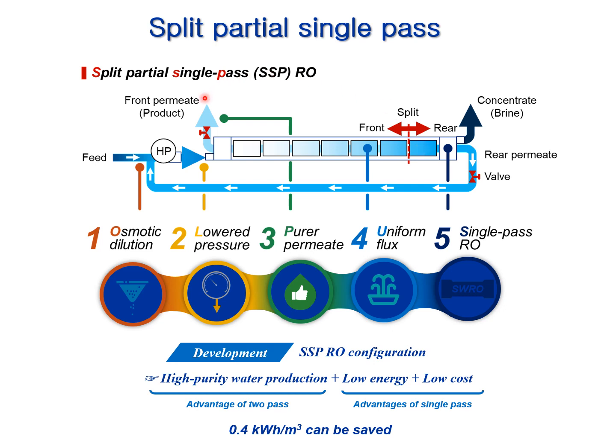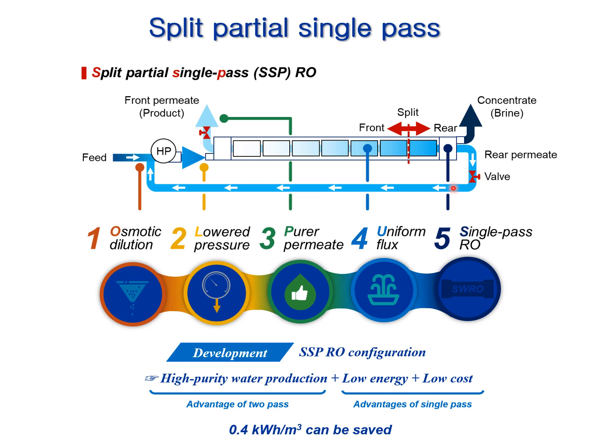So rather than mixing in the low quality, high salt concentration permeate, we split it, and then we return it to the feed water, which will dilute your feed water and produce a good quality overall permeate. And then this can be utilized with only one pass. We don't have to go through the second pass.